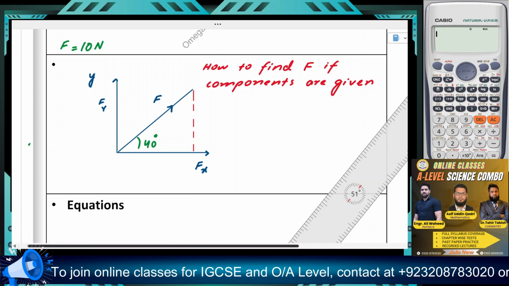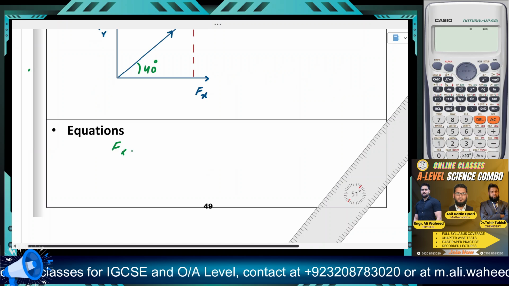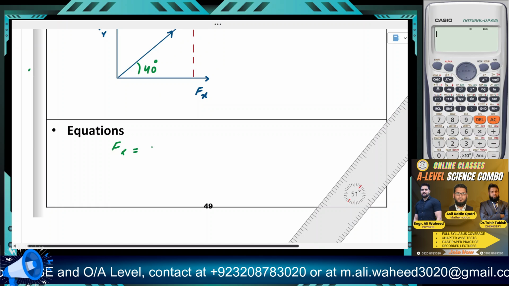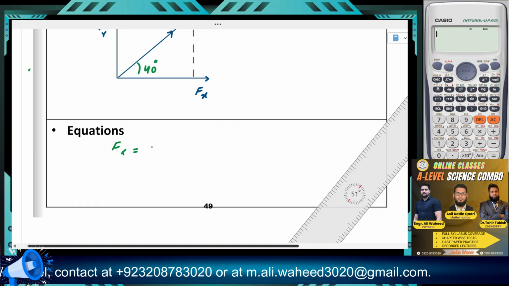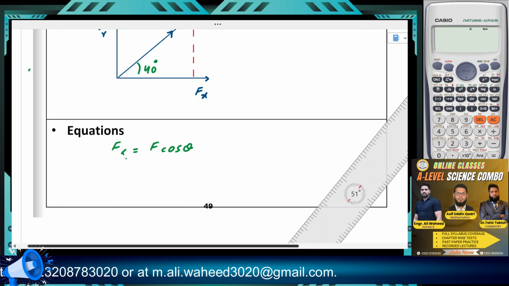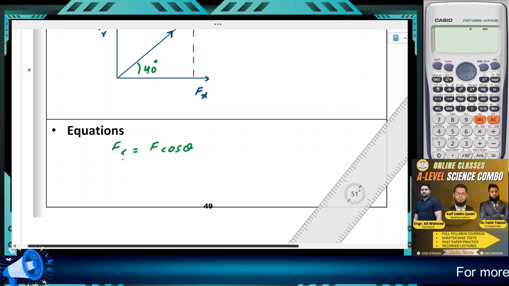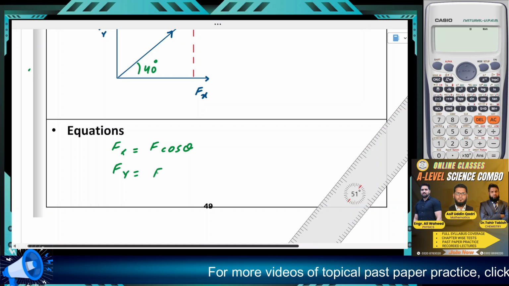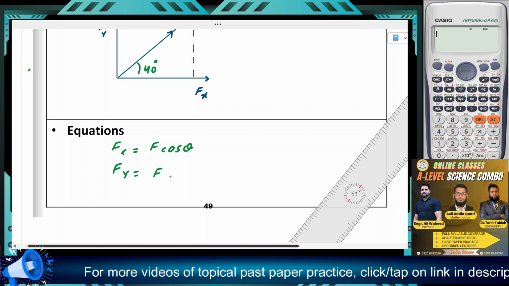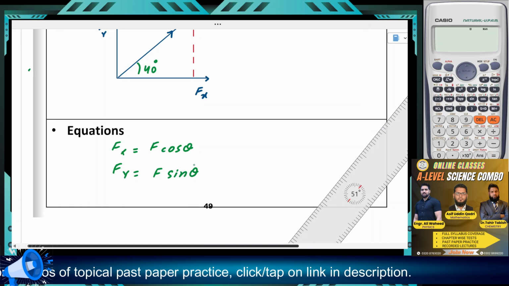If we want to find the x component, we can use the expression cos theta, which eventually gives us Fx equals F cos theta. So if we simply want to find the x component, multiply the vector by the cosine of the angle. If you want to find the y component, multiply the magnitude of the vector by the sine of the angle theta.